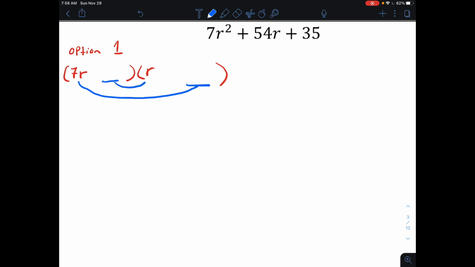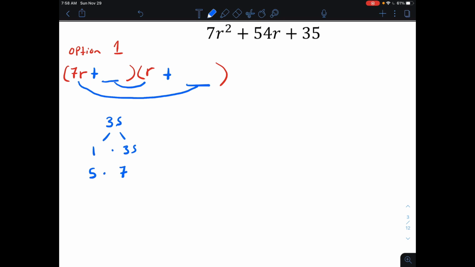And so we have to take the 35, and we have to break it up in terms of, all right, what times what makes 35? Well, we have 1 times 35 will make 35, and we have 5 times 7 will make 35. Now, here's the other thing to keep in mind. If everything's positive inside of the parentheses, we're going to have 2 pluses inside of here.